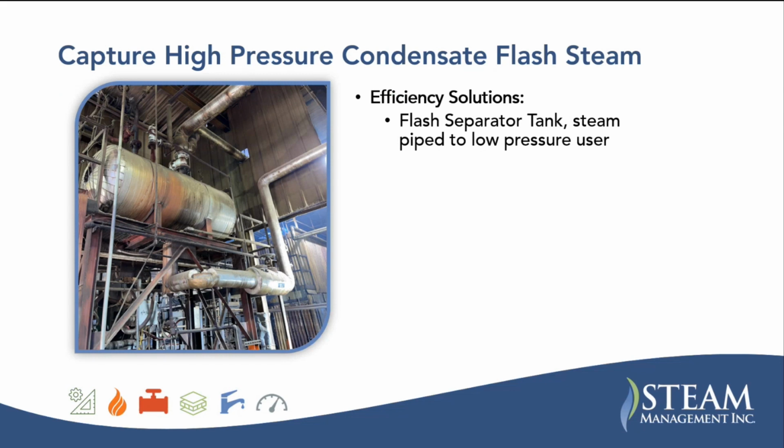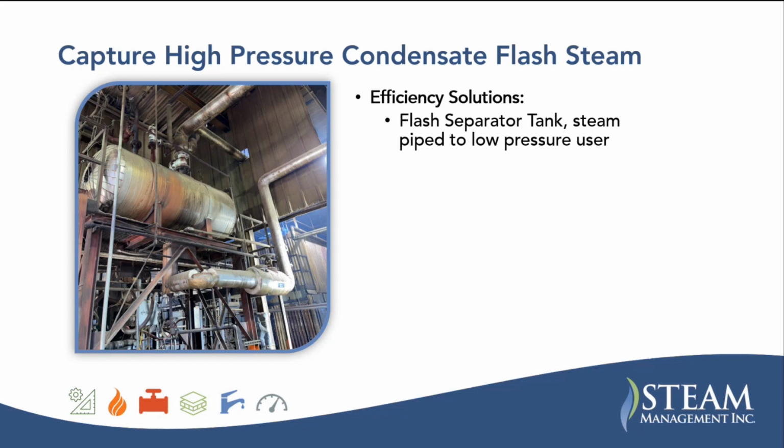This is generally only going to be an opportunity for higher pressure steam systems, because you will have higher pressure condensate available. So the efficiency solution is to install a flash separator tank, and then the steam is piped to a low pressure user, and the condensate comes out of the tank and continues on to the lower pressure collection system.